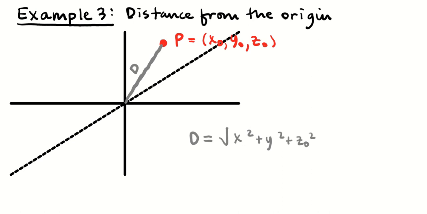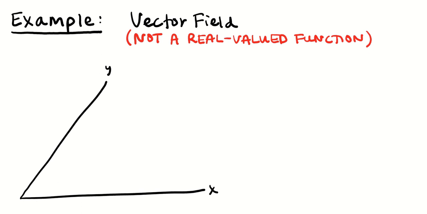In general, if P was (x, y, z) at any point in space, d would be a function that depends on x, y, and z. That would be an example of a real valued function of three variables.